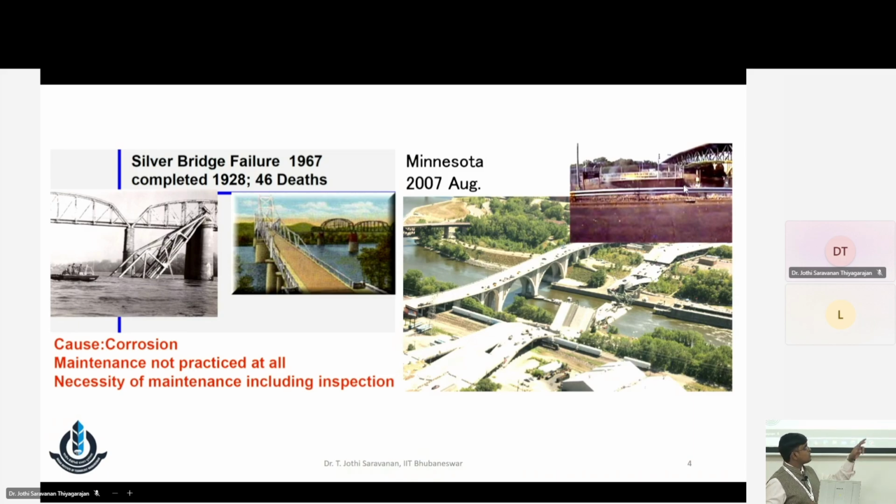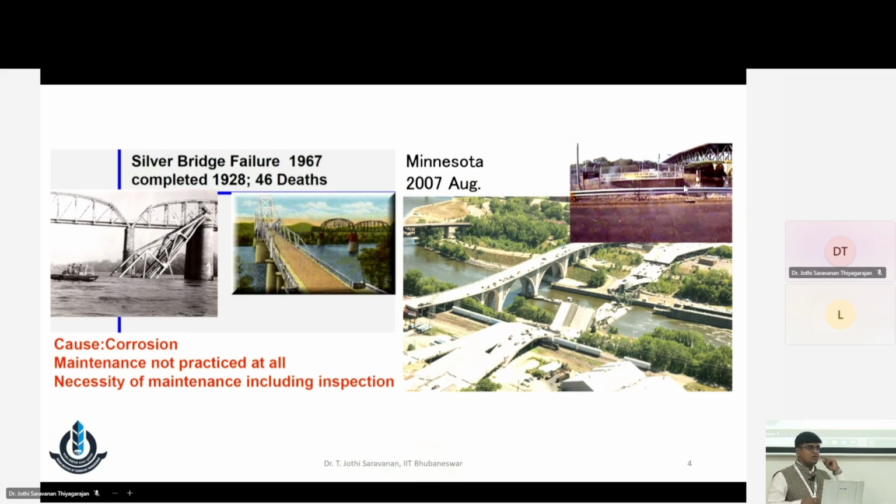What you can observe from this figure is that there are two parallel, almost similar structures. One is standing good, but the other has collapsed. Why? What is the reason? They would have used the same type of design, I guess.